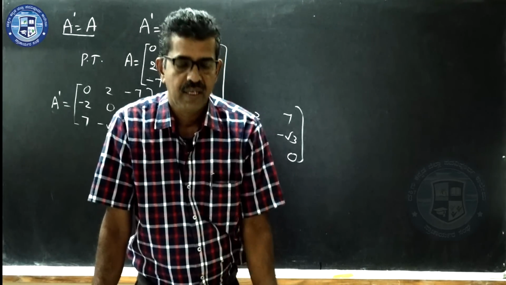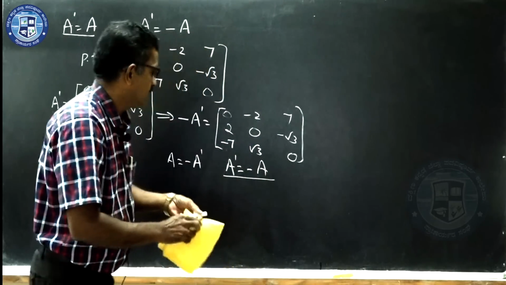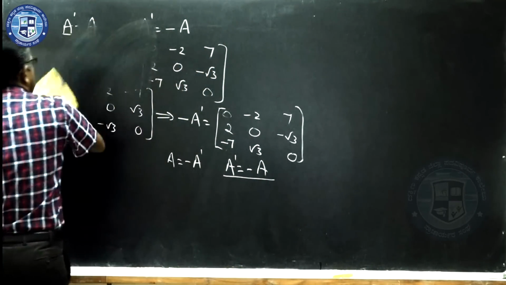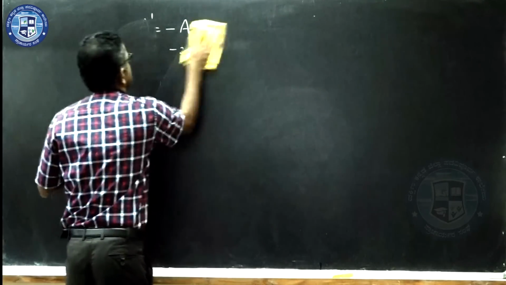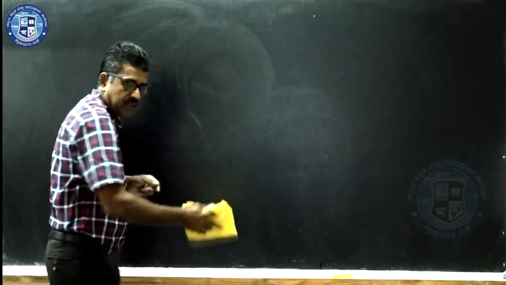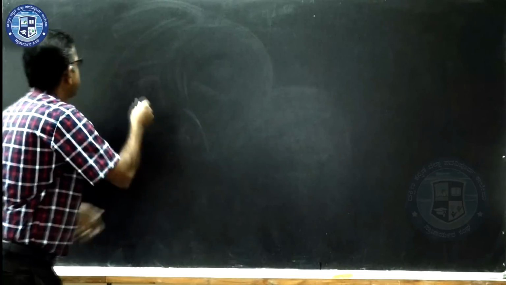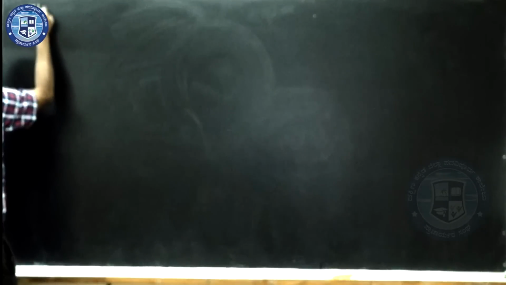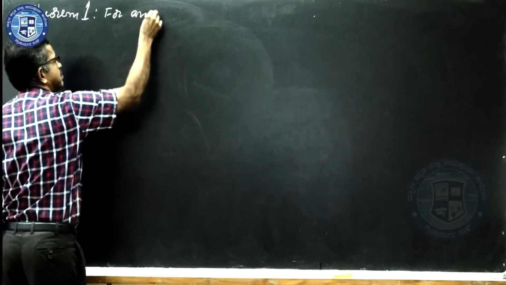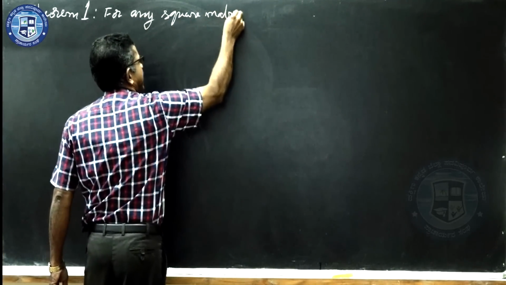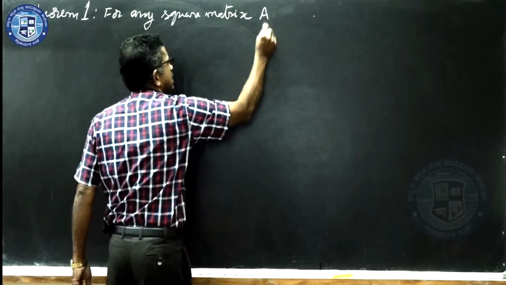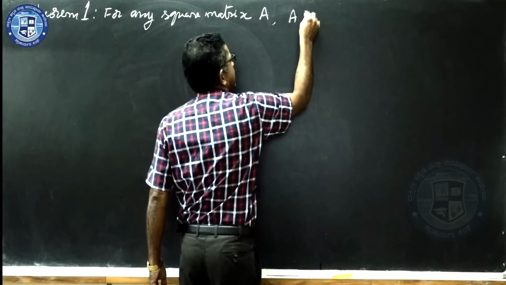Theorem 1 is based on symmetric and skew symmetric matrices. Theorem 1 is as follows. For any square matrix capital A, we have A plus A dash.